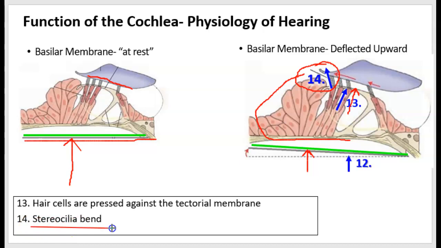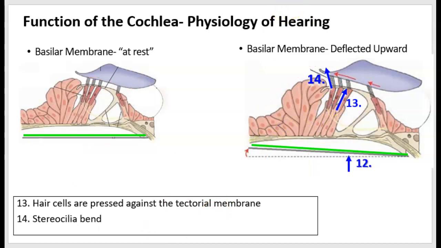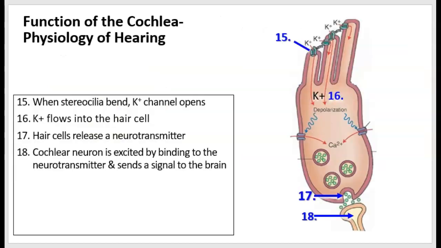So the stereocilia bending is what is going to excite the hair cells. And the way that happens has to do with an ion channel. So when the stereocilia of a hair cell, shown here, bend, these potassium channels open up and potassium floods into the hair cell.